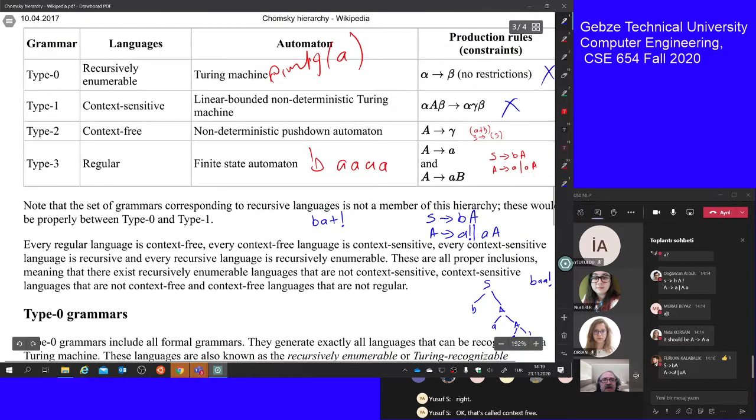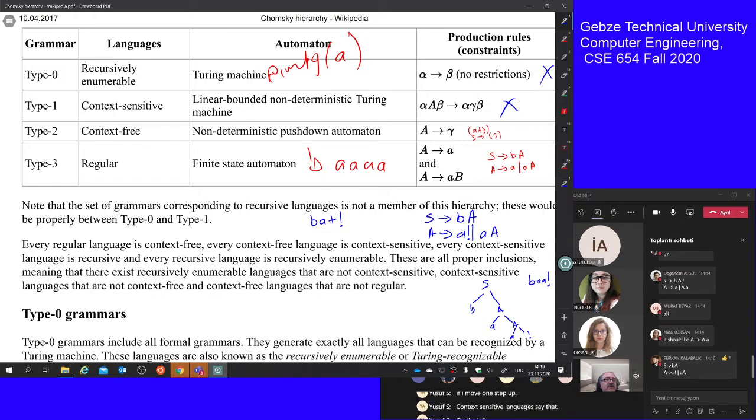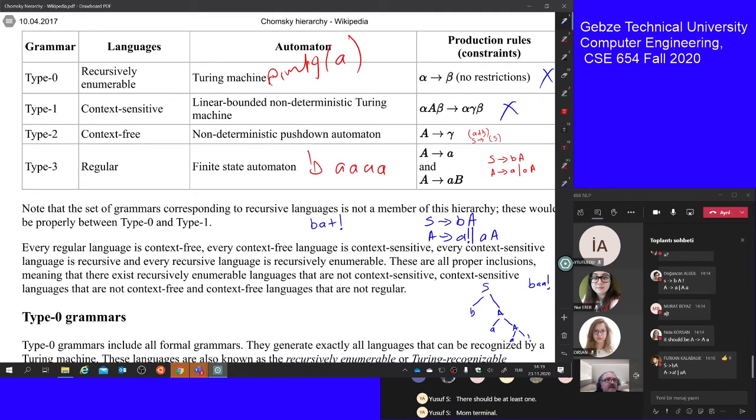If I move one step up, context-sensitive languages say that on the left, there should be at least one non-terminal, and around the non-terminal you can have terminals or non-terminals, doesn't matter.